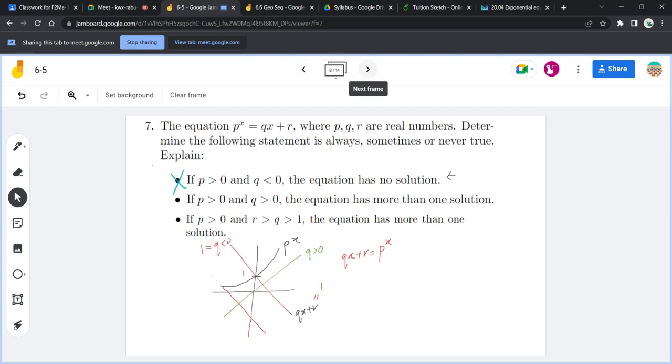Yes. If they are equal, then we have only one solution. If it is less, then we have no solution. So it is not always true or never true. So it is sometimes true for this statement.